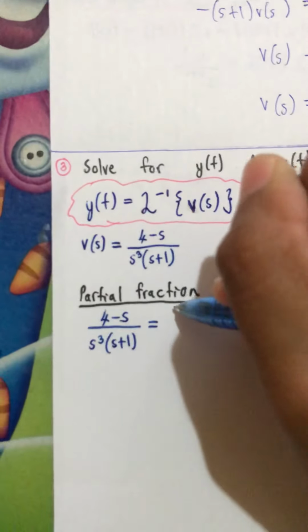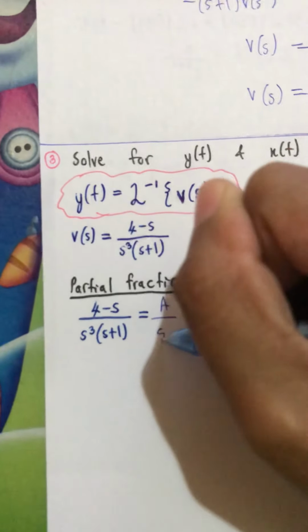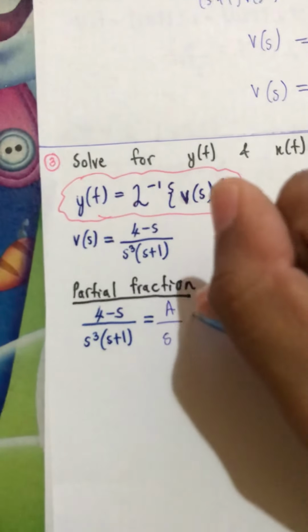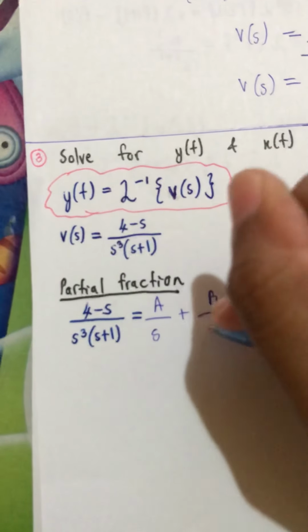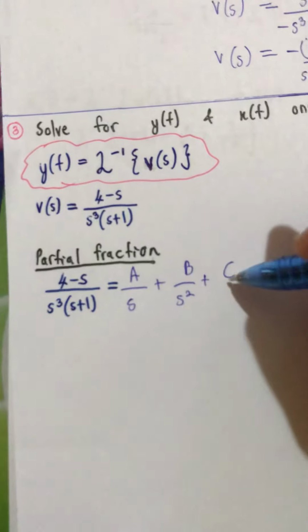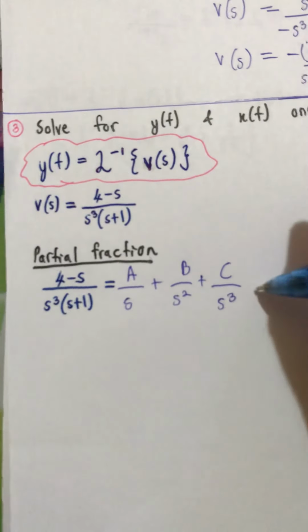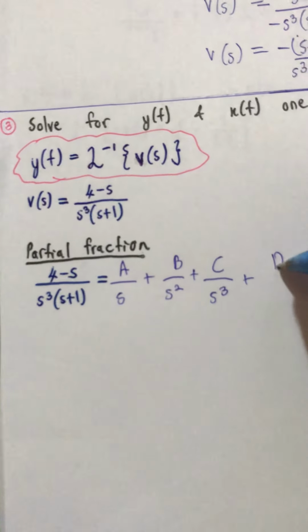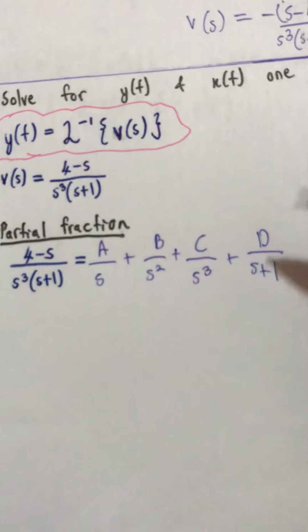So here we take the partial fraction, so we get A over s plus B over s square, because it is a repeated one, then C over s cube, and then here we got D over s plus 1.